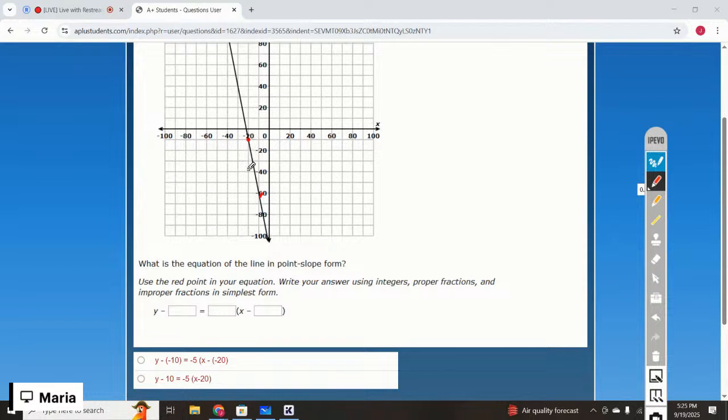One, two, three, four, five. So the slope is negative 5 over 1. That is negative 5, right? The point is negative 10 and negative 20. So the correct option is y minus negative 20 equals negative 5 times x minus negative 10.